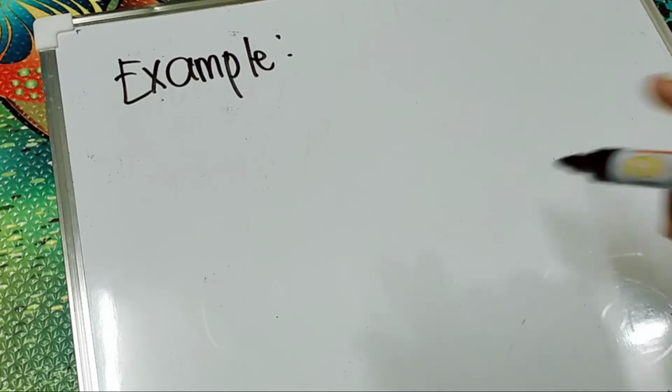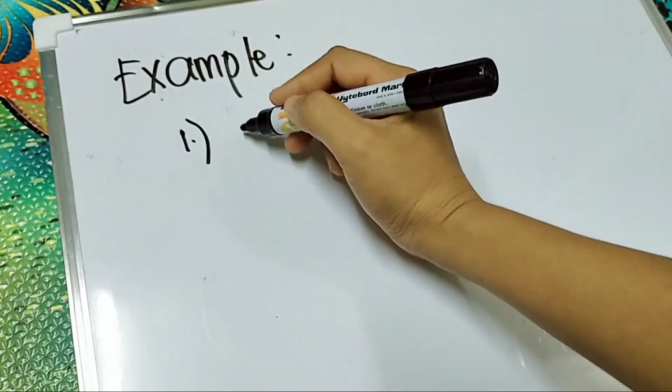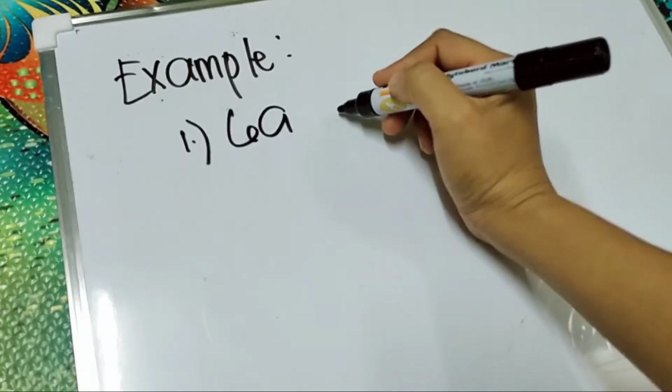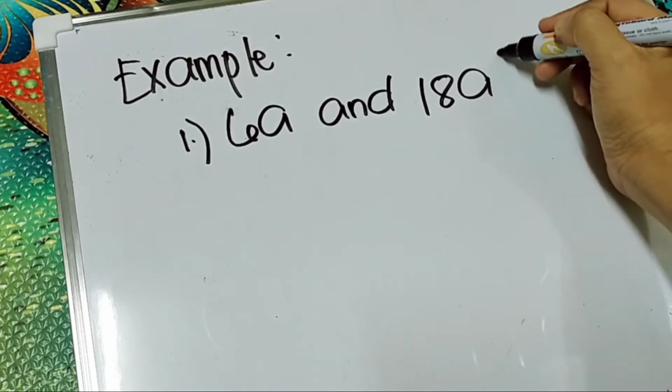Find the greatest common factor of each pair of monomials. So we are just talking here about monomials. Let's find the GCF of the given pairs. The first pair is 6a and 18ab.